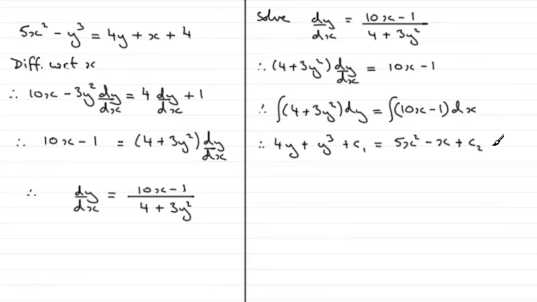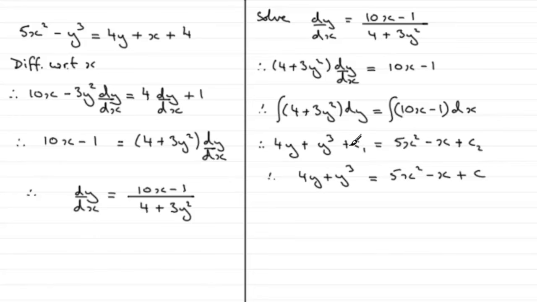Now when you get something like this, what we tend to do is leave out one of the constants. I'll explain why. You'll quite often see people write this as 4y plus y cubed. They'd have come off this stage here, left out the constant, gone to this integral here and got 5x squared minus x, and would have just written, say, plus c. Why did they do that? Well, essentially they've gone through this stage.